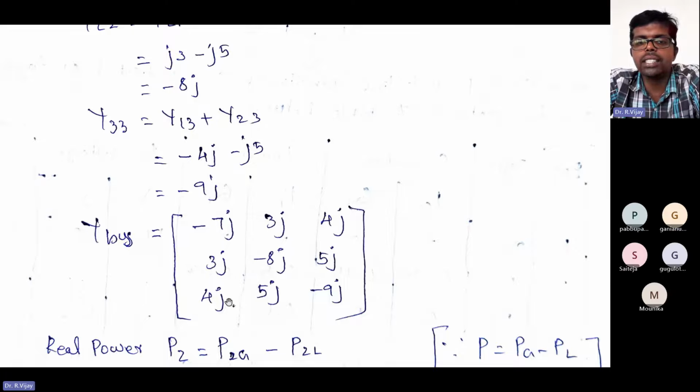These values are the same on both sides of the diagonal. Now just substitute the diagonal values we already calculated, and we have formulated the Ybus matrix very easily.